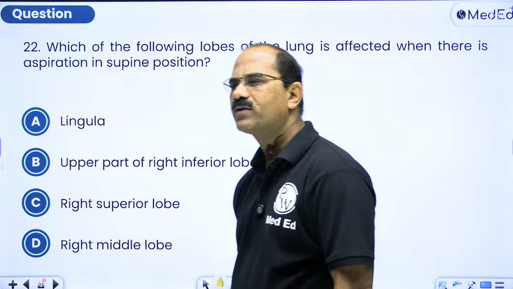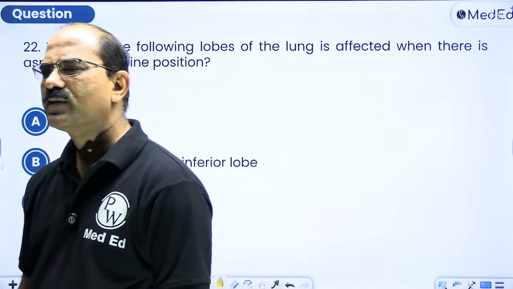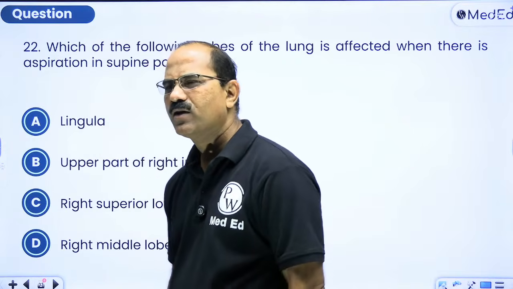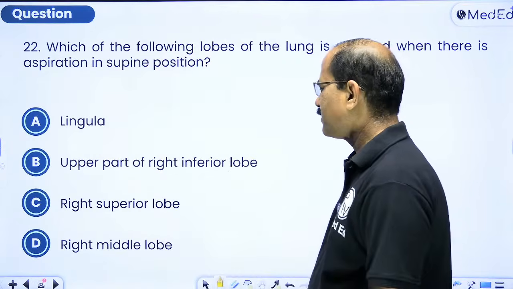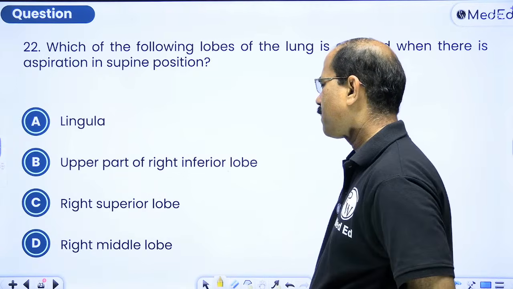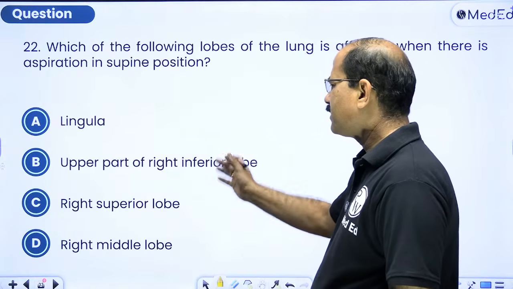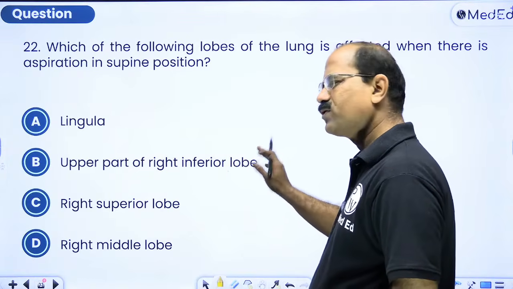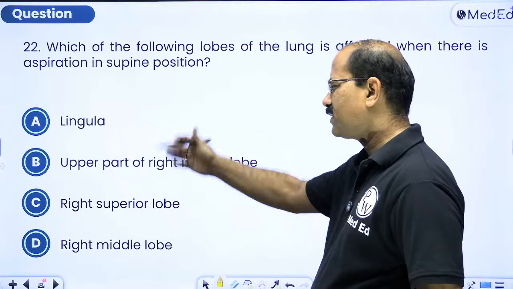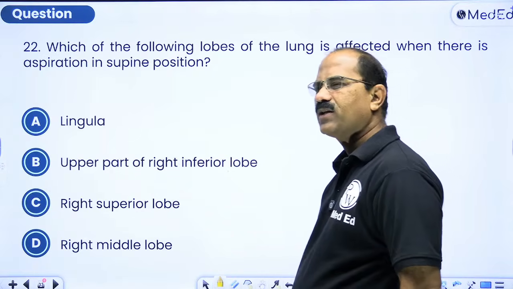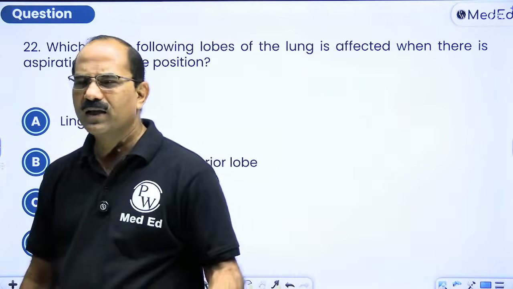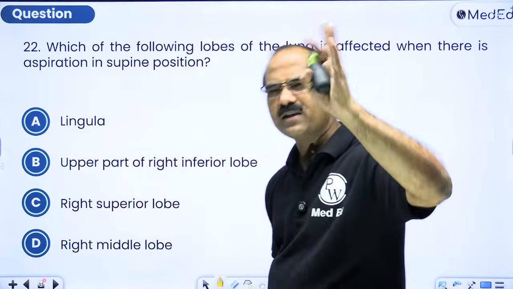It is the superior basal segment, right? Superior basal segment. It is also called the right superior lobe, or upper part of right inferior lobe. Both options are correct. Whether you answer B or C, that's fine. B and C are nearly the same.